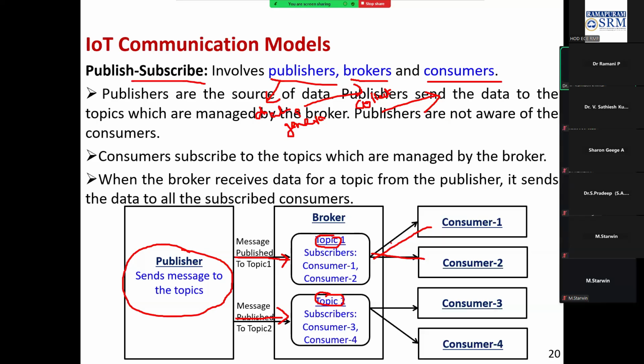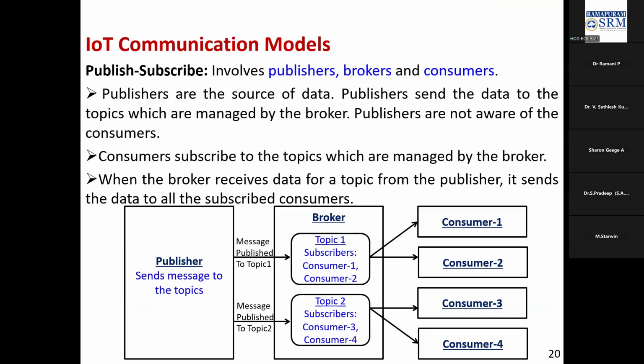Some other person might be subscribed to The Times of India or some other data provider, so they will get that information. It is similar to newspaper generation and subscription, so it is called a publish subscribe model.